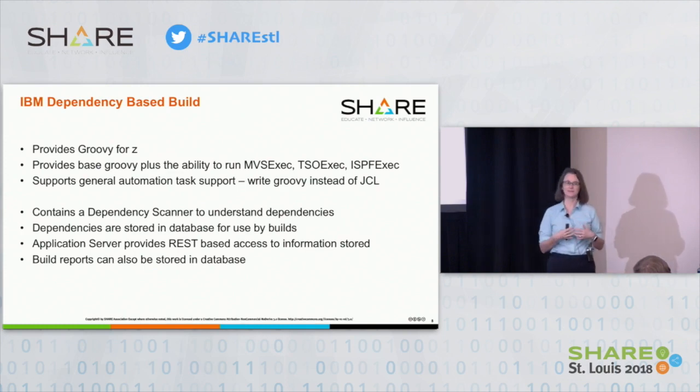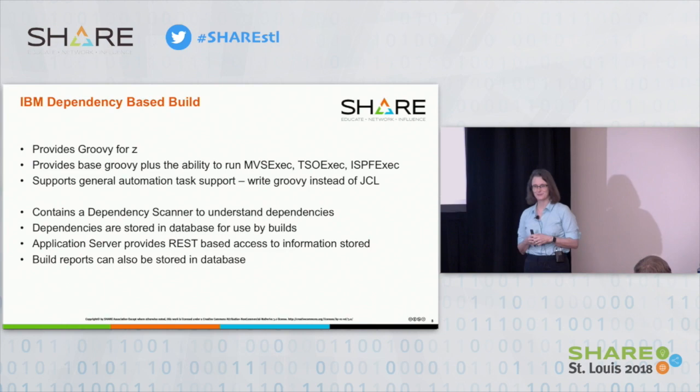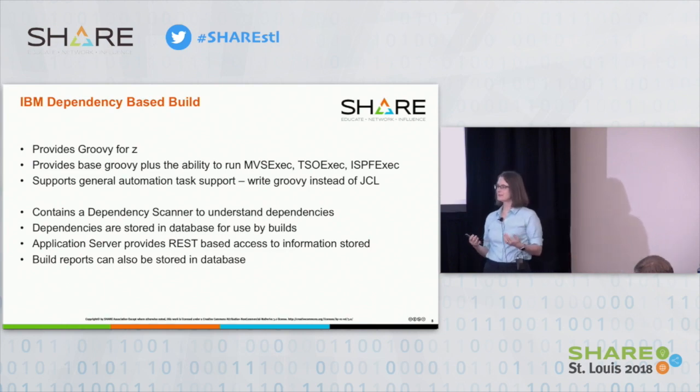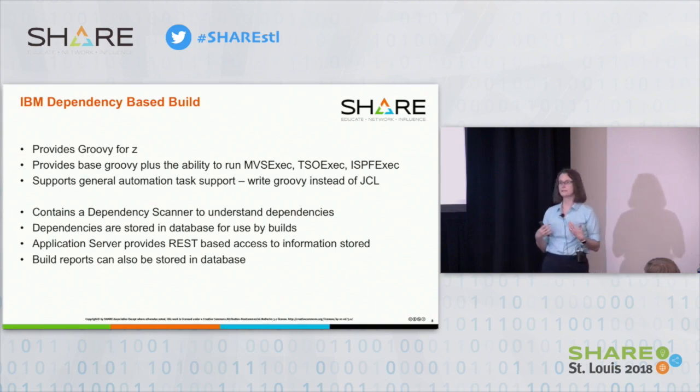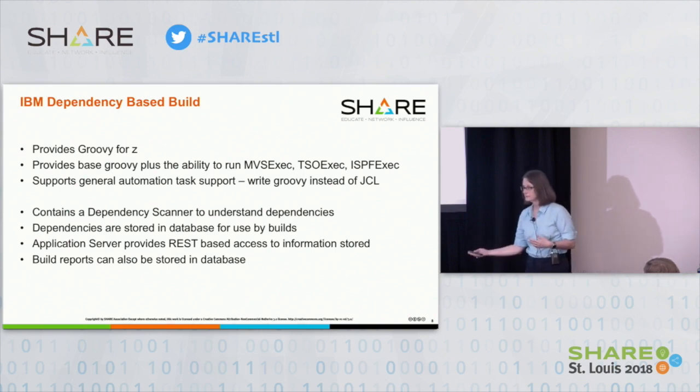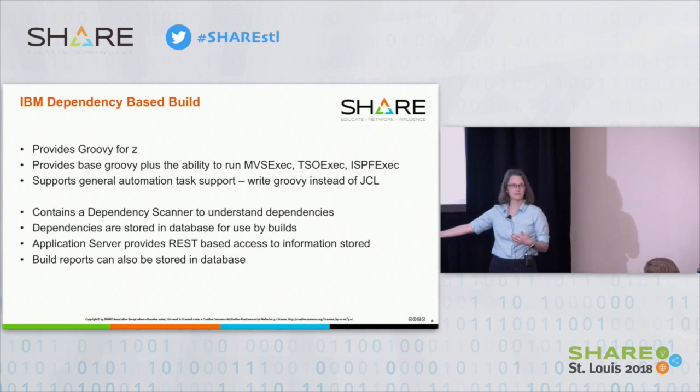We also have somebody else in the room who's provided some samples to do some capabilities, which I'll show you in a little bit. But it basically means I can now use Groovy to do almost anything that I would have used JCL for. You're not replacing your JCL in the scheduler, because the scheduler still expects JCL.